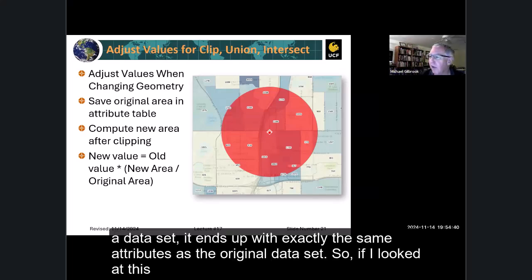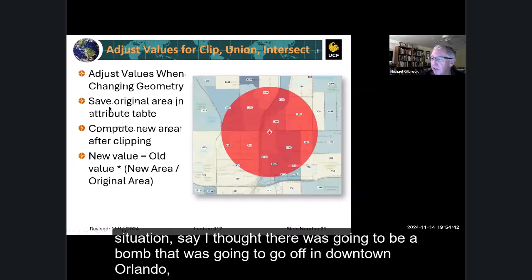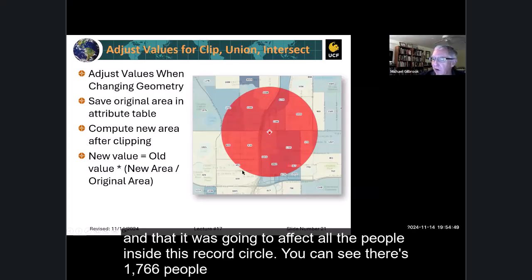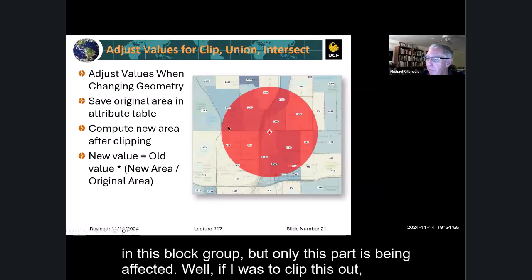So if I looked at this situation, say I thought there was going to be a bomb that was going to go off in downtown Orlando and that it was going to affect all the people inside this red circle. You can see there's 1,766 people in this block group, but only this part is being affected.